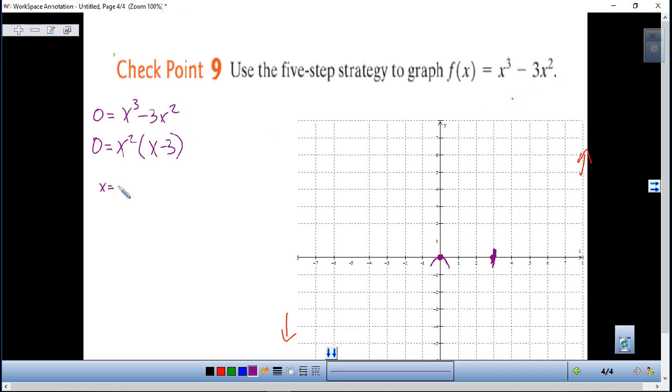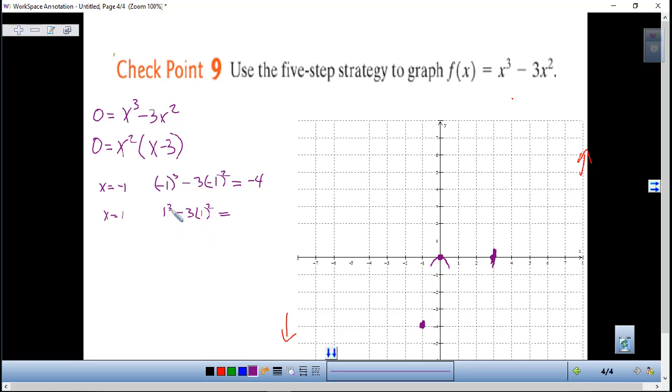So if x equals -1, I'm going to have -1 cubed minus 3 times -1 squared. Well, -1 cubed is -1. Minus 3 times +1 gives me -4. So -1, -4. So right there. When I put in x equals 1, I'm going to have 1 cubed minus 3 times 1 squared.